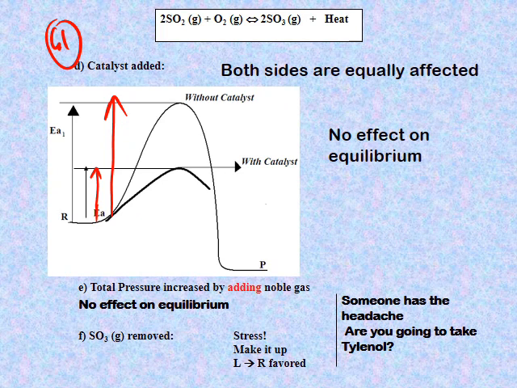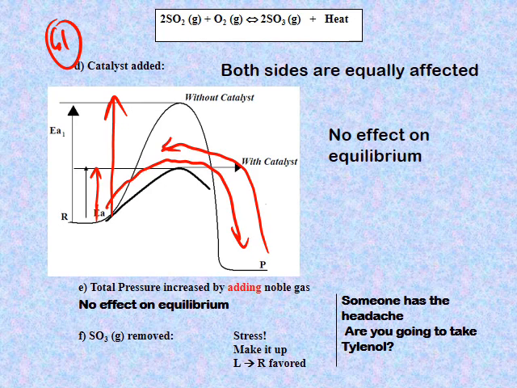But the reaction happening faster doesn't necessarily mean that there'll be any change in the equilibrium constant. Actually, the reaction happens faster in both directions, from left to the right as well as right to the left. So overall, there'll be no effect on equilibrium, even though the rates are going faster.